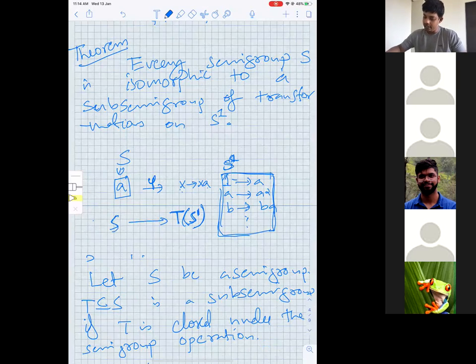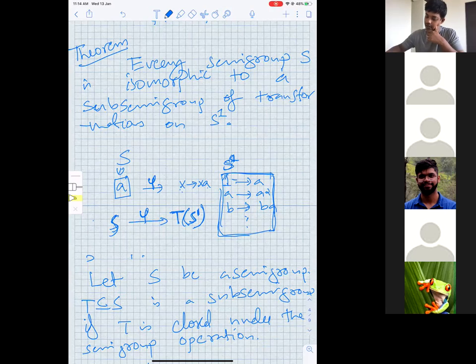So now what I have shown is that I have a morphism from every semigroup S to the transformation semigroup on S1. Now to prove that it is an isomorphism, what should I prove?